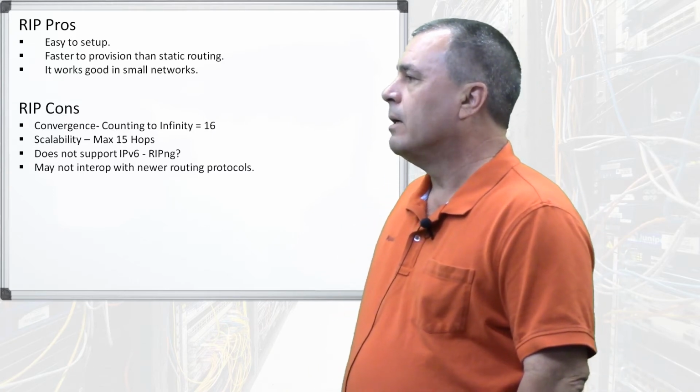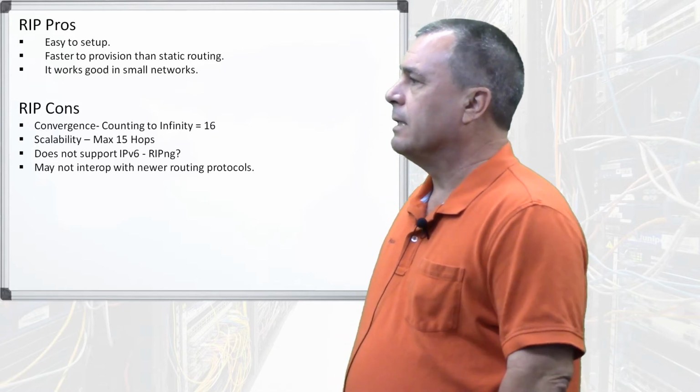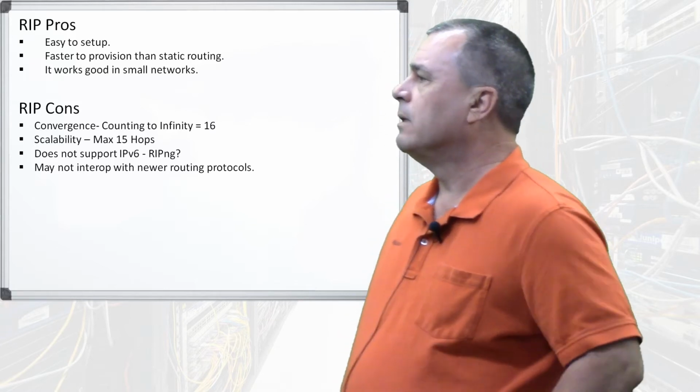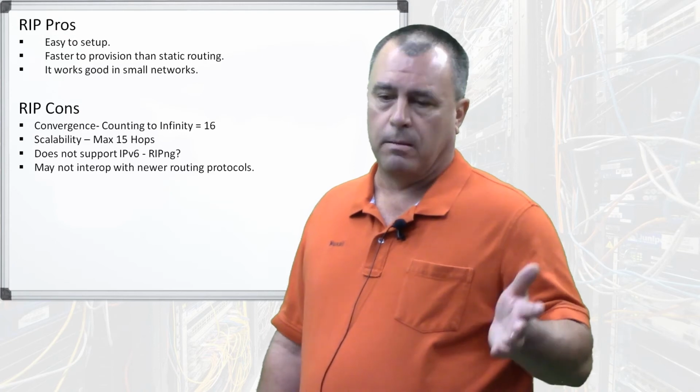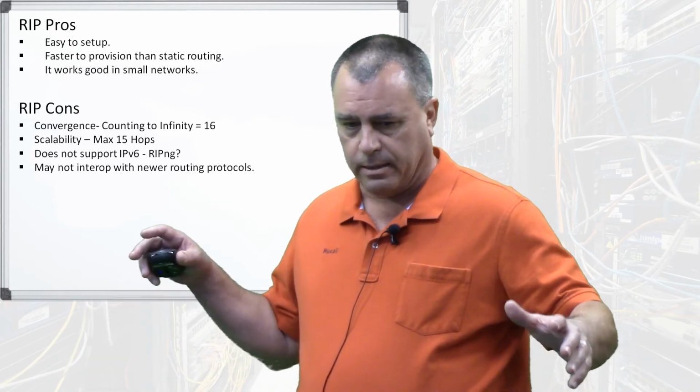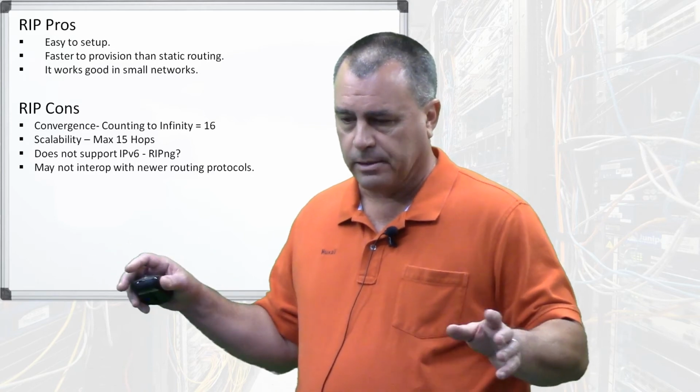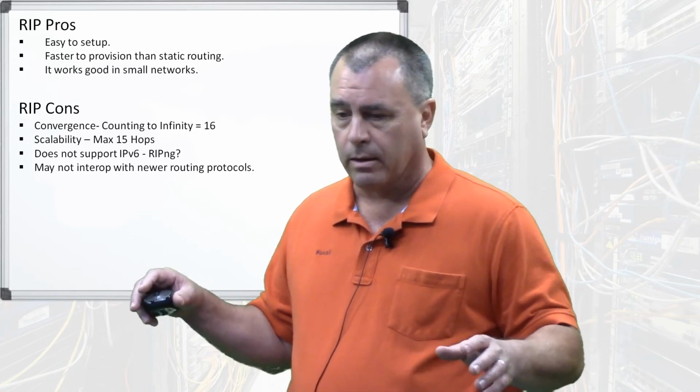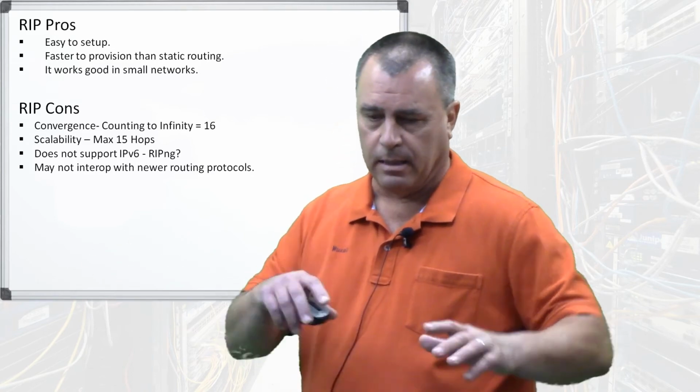Some of the cons. It has a counting to infinity convergence problem, which means if something goes south, let's say a router falls out, and you've got a pretty big network, and it's trying to figure out all the routes.